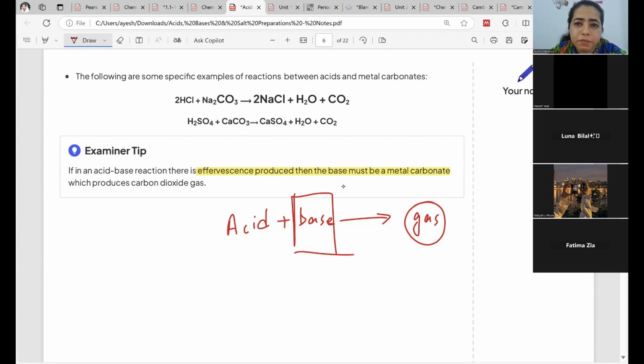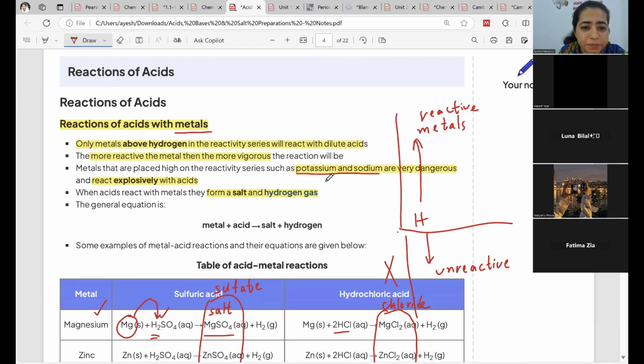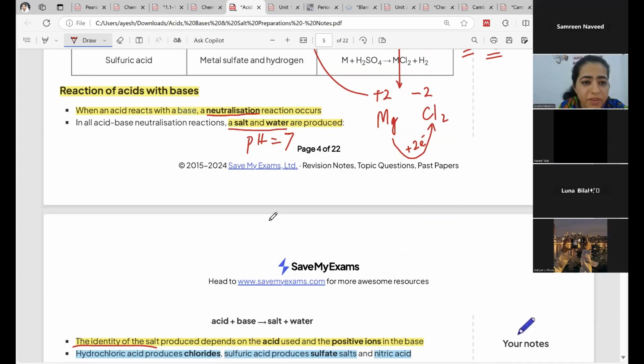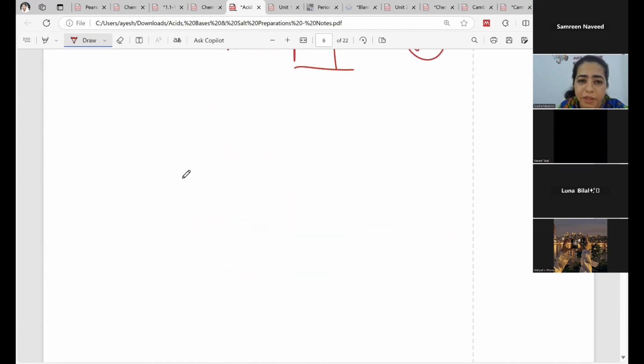Anyone who got my question? What can be the base over here? Let me give you the possibilities. We said that the base can be metal oxide, metal hydroxide, or metal carbonate.